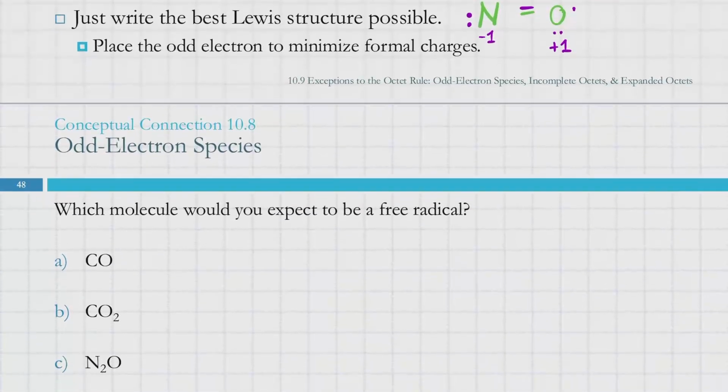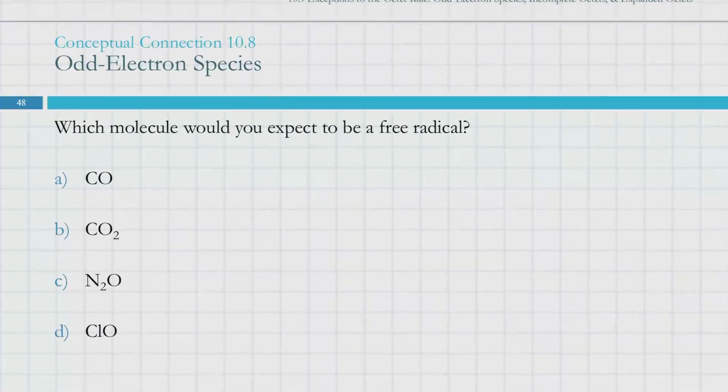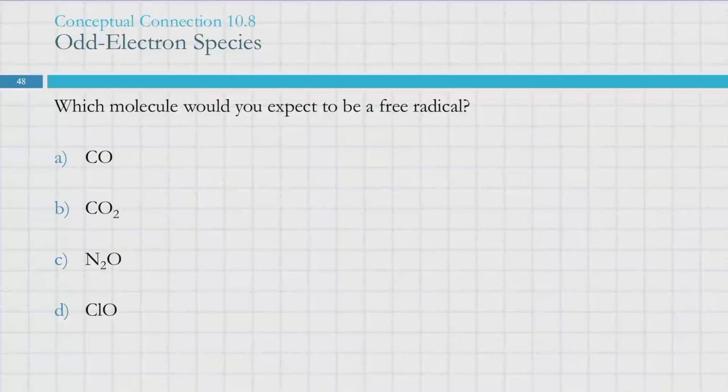Which of these molecules would you expect to be a free radical? What do we need to have a free radical? A single electron, which means that we've got an odd number of electrons. So we see free radical, lone, single electron.